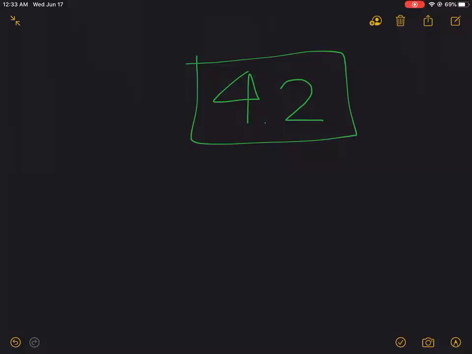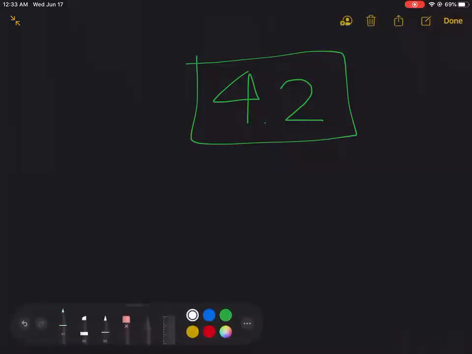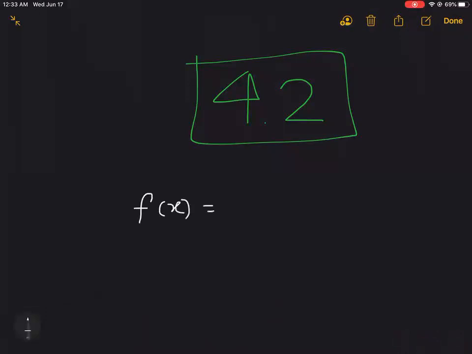Okay, so let's start. Our function is f of x equals 3x plus 1 times x minus 2 the quantity squared. Okay, so first of all, can we say that it's a polynomial?